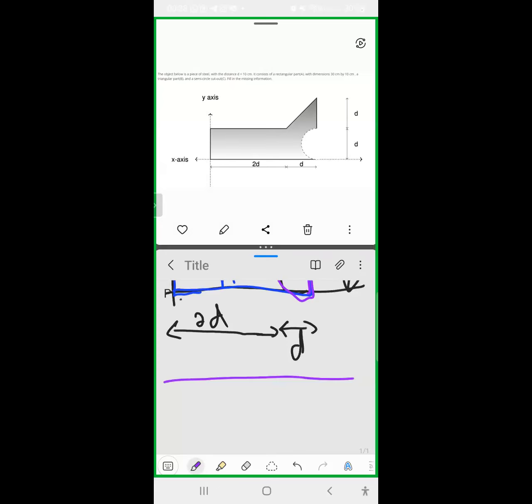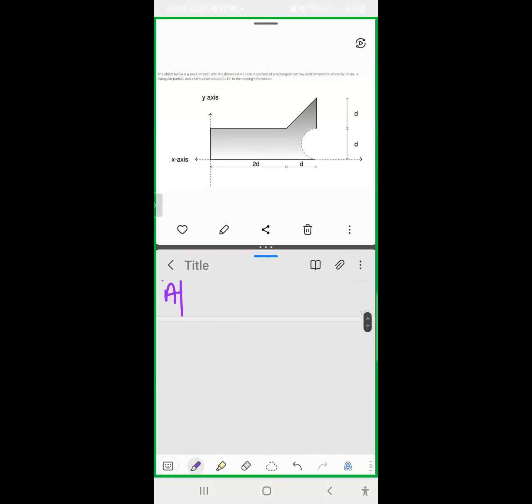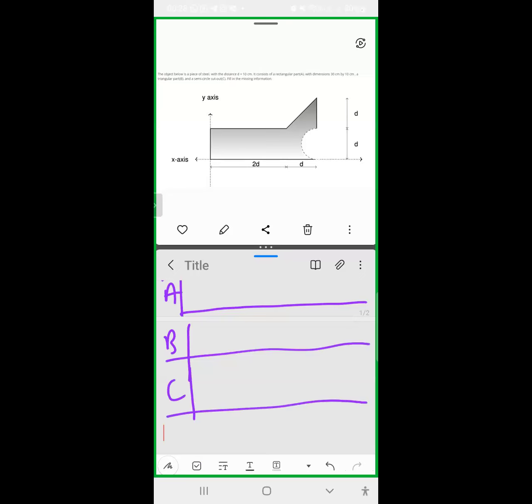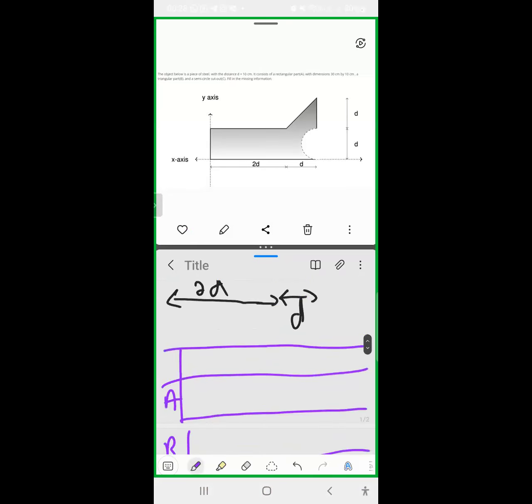We're going to draw our table, and then we have the object A. We also have the object B and the object C. Now we firstly are going to determine their areas.